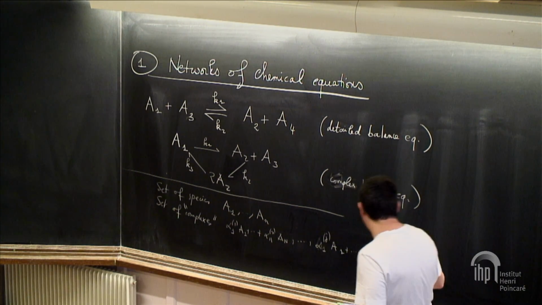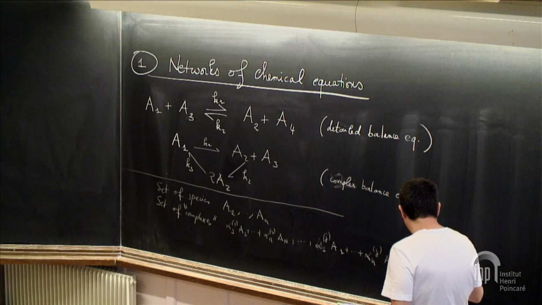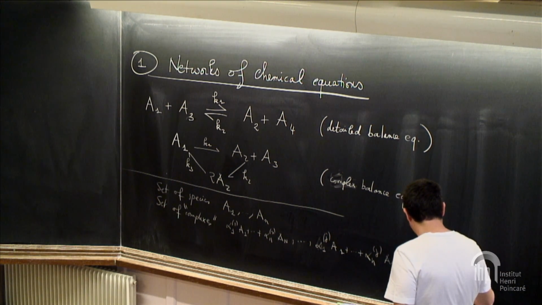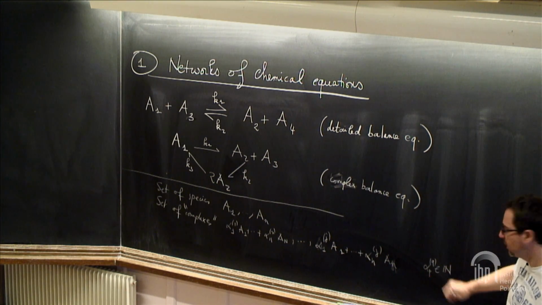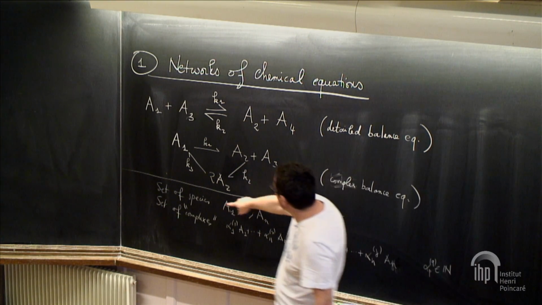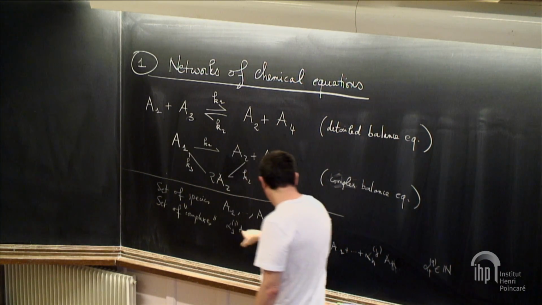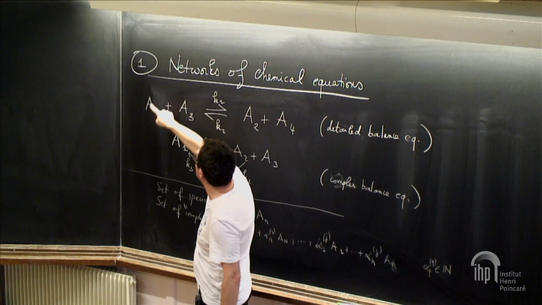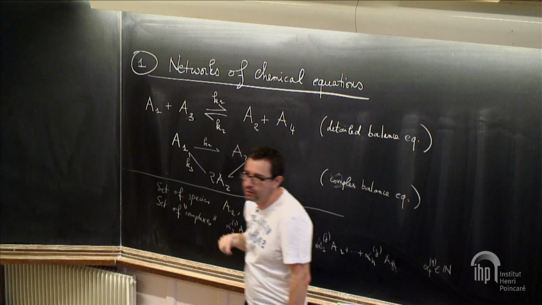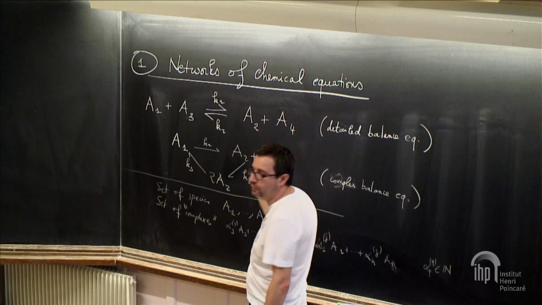Sorry, this is AN. And here all the alpha PQ are integer, but they can be equal to 0. Okay? So this corresponds to what you can see here. And this corresponds to what you can see here. Okay? So a complex is typically a linear combination of the species.